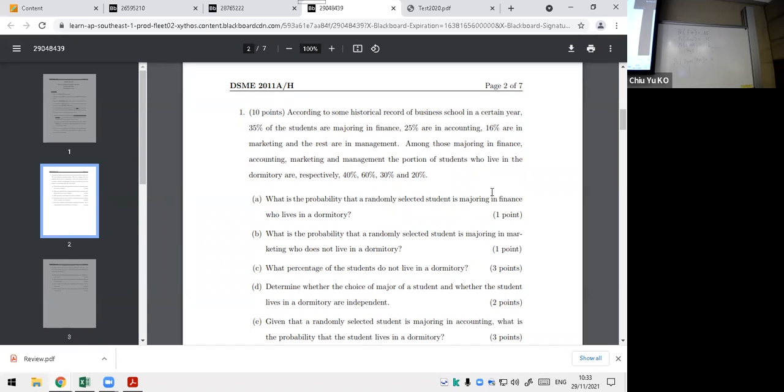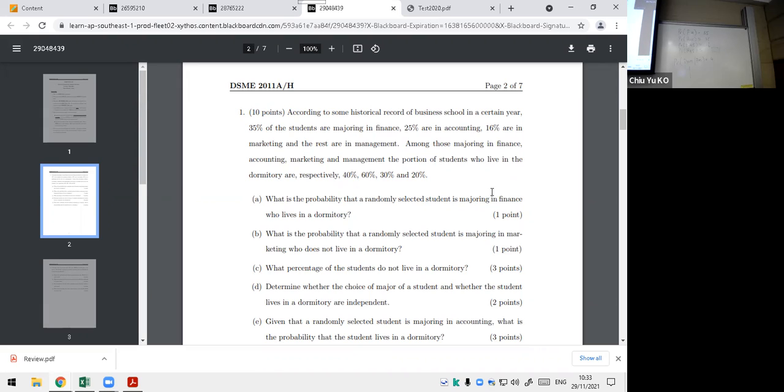Dorm given marketing is 0.6, given accounting is 0.3, and the final one, management, is 0.2. So this is the question.